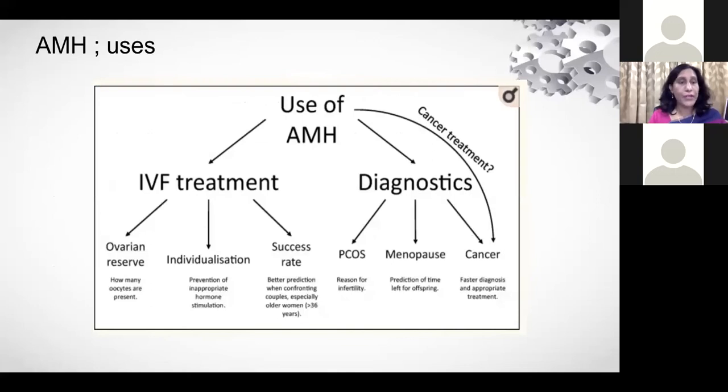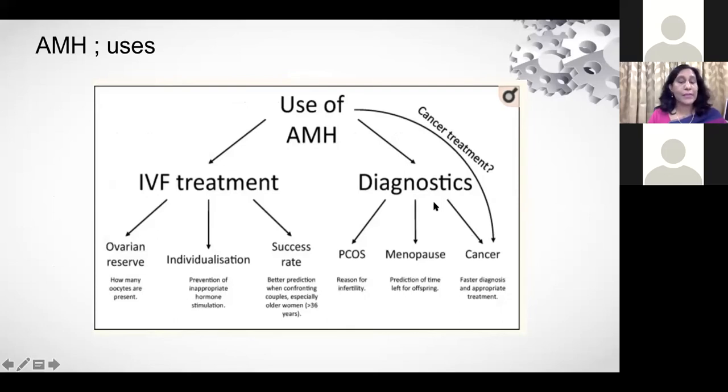So if we look into the various uses of AMH, of course, for IVF treatment, we use it to check the ovarian reserve. We also use it for individualization, so that we can use this level for proper stimulation. The third is that it helps us predict the success rate, giving better prediction when counseling couples, especially in older women.